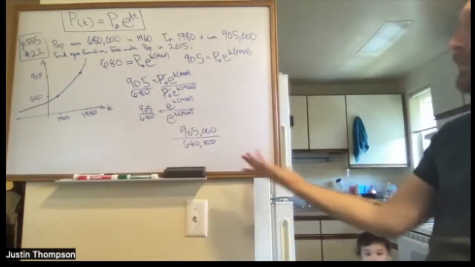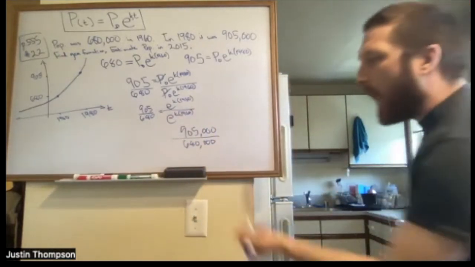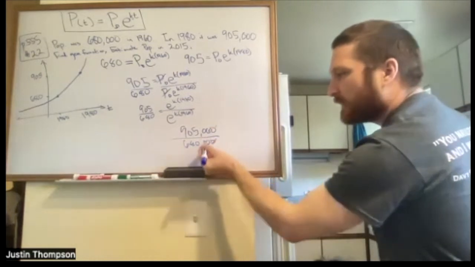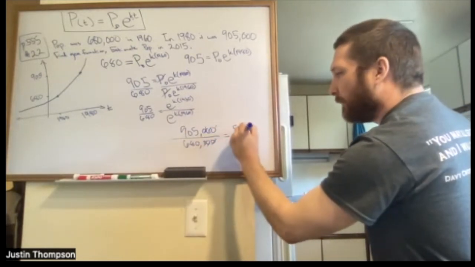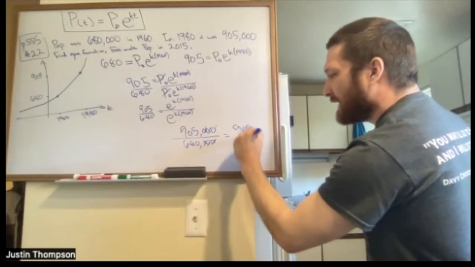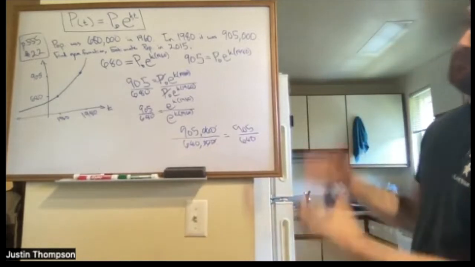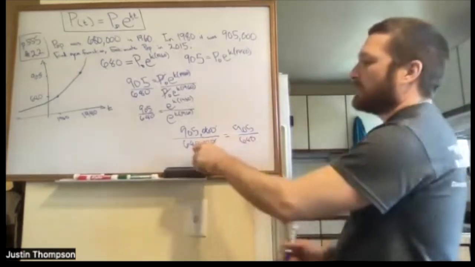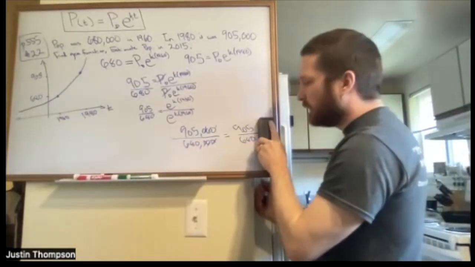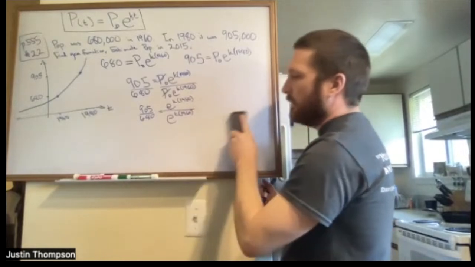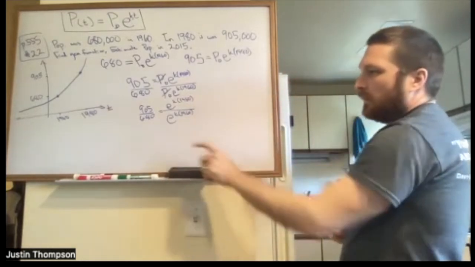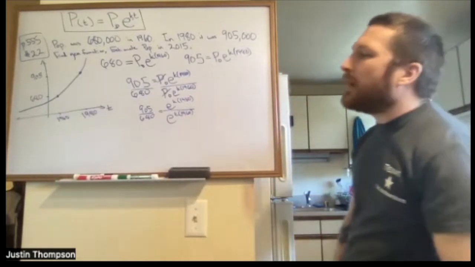And I'd say, oh, hey, look, I could simplify that a lot. For every zero, I could cancel out another zero, and I would end up with 905 over 680. Whatever, that's just the point I'm making. Okay, so now what do we do? Trying to get the k by itself.